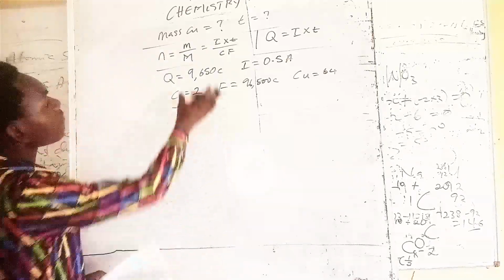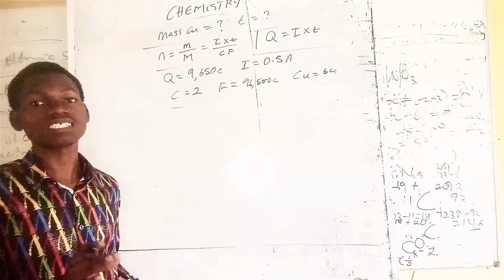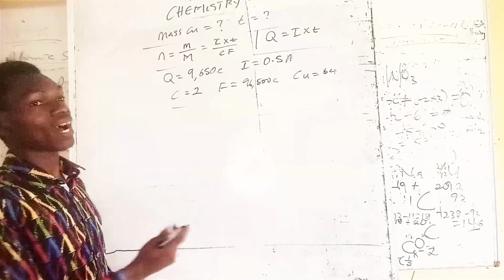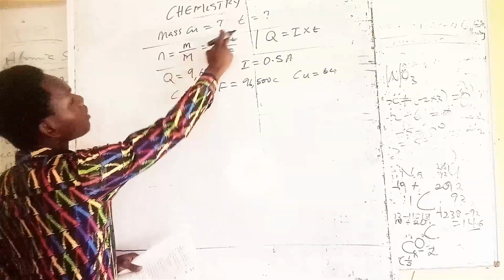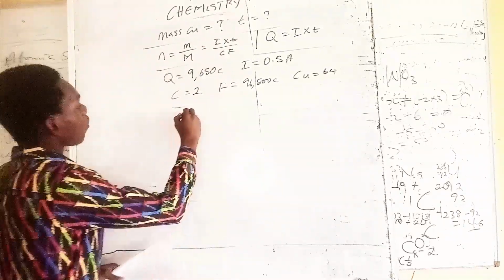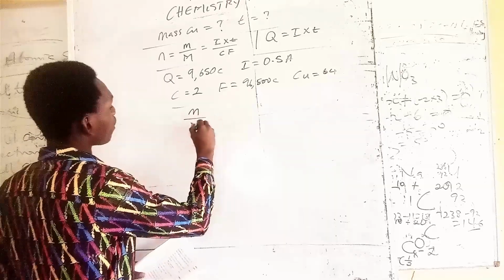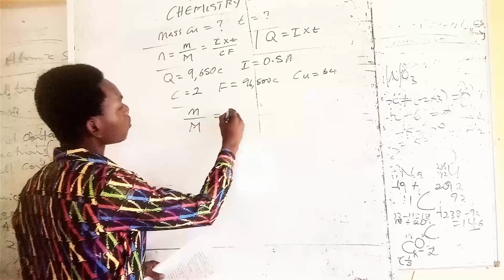Now, if you look at the formula very well, we are going to adopt the formula that has mass in it and also has what is given to us, which is m over M equal to It over CF. Here, m is mass and M is the molar mass.